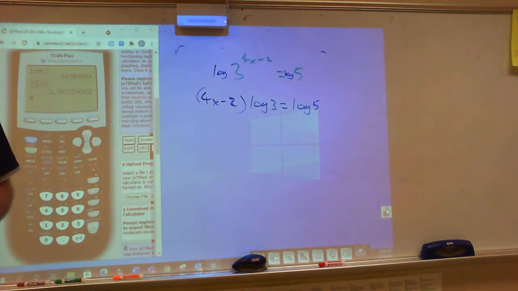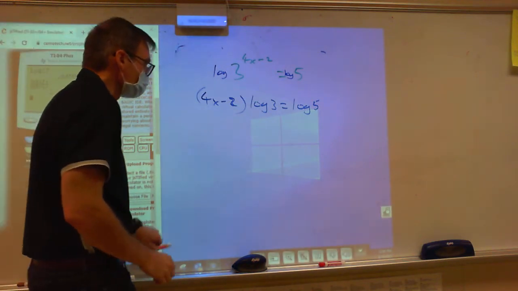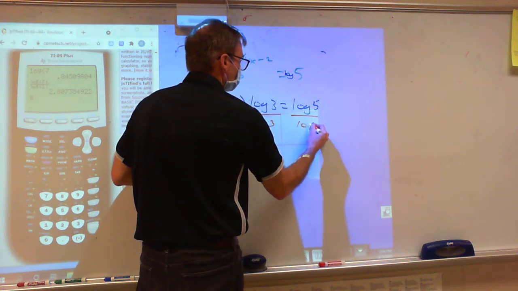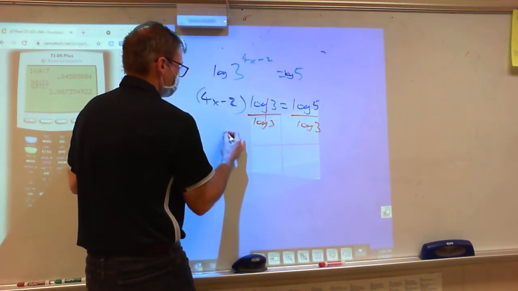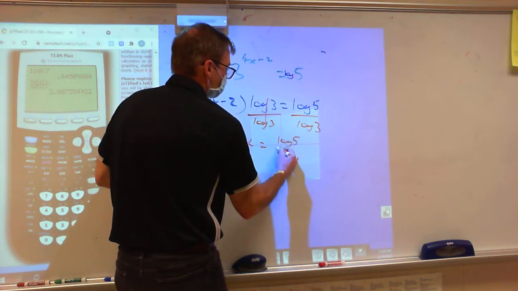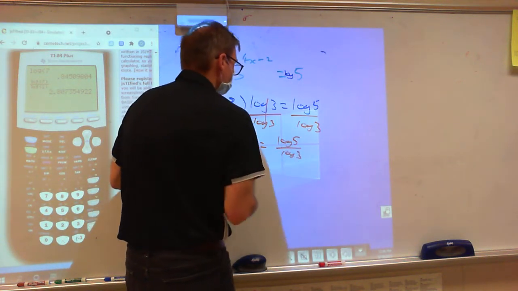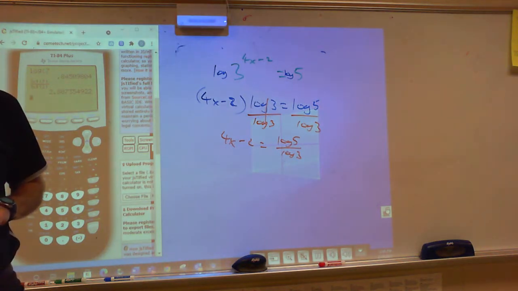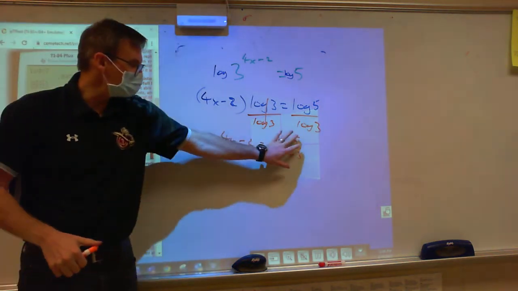So far, so good? All right, now, your job is to get the x by itself. What do you do first? We're going to divide by log 3. So I get that 4x minus 2 is equal to log 5 over log 3. Now what? Ignore this. Get the x by itself.